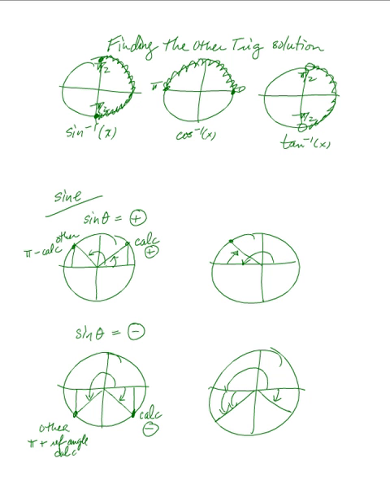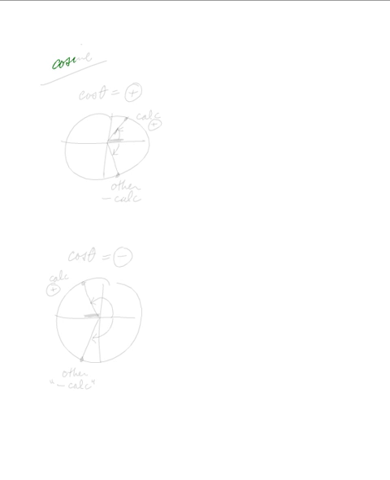Then if you look at cosine, you have, for example, cosine of an angle equal to a positive number. So again, you're asking the calculator, give me that angle between 0 and pi for which the x-coordinate is positive. So let's say the x-coordinate here is positive. And the calculator says, there it is right there.